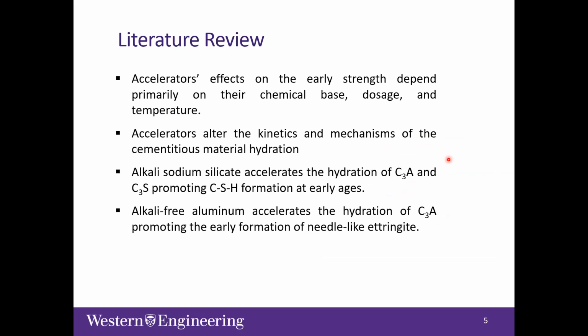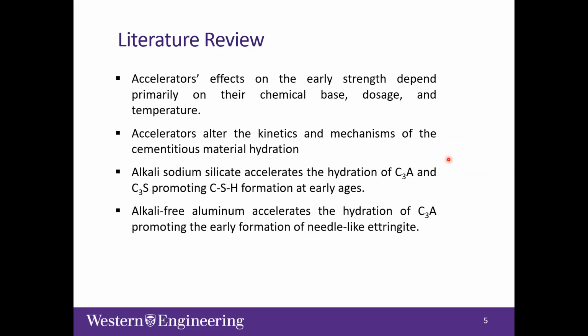The accelerator effect on the early strength depends on the chemical-based dose, but also on the temperature, as the accelerator alters the kinetics and the mechanism of the cementitious material hydration. For example, the alkali accelerator, such as sodium silicate, will accelerate the hydration of the C3A and the C3S, promoting the CSH gel, which will lead to the early setting and hardening properties.